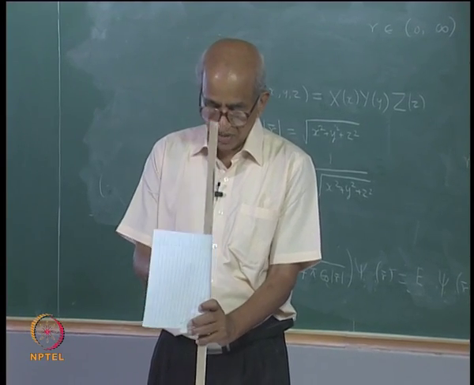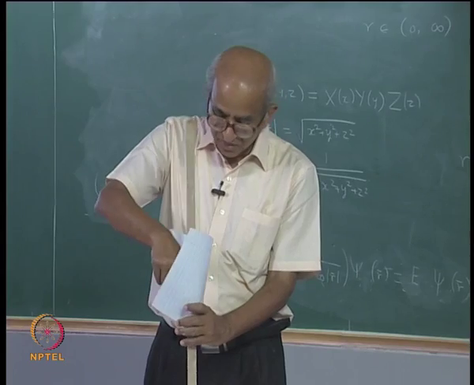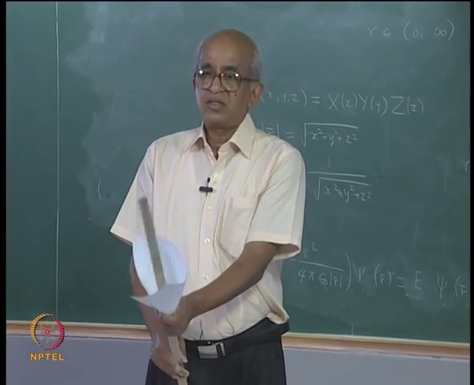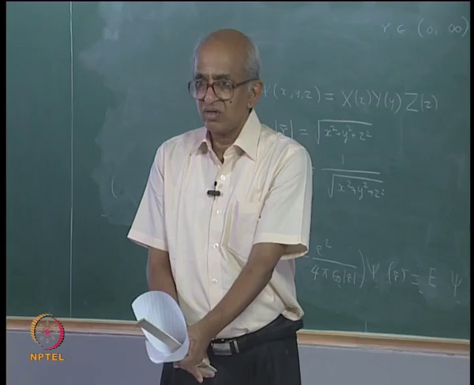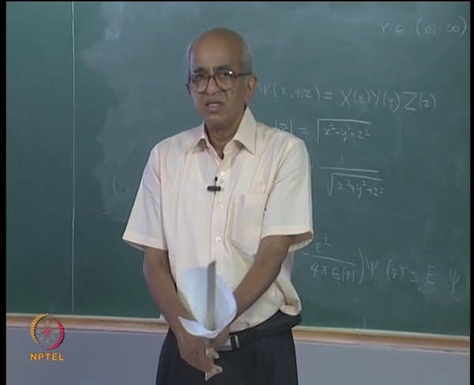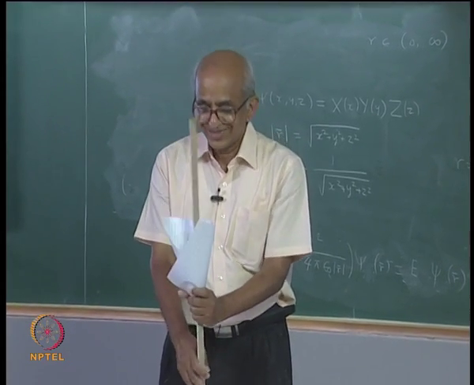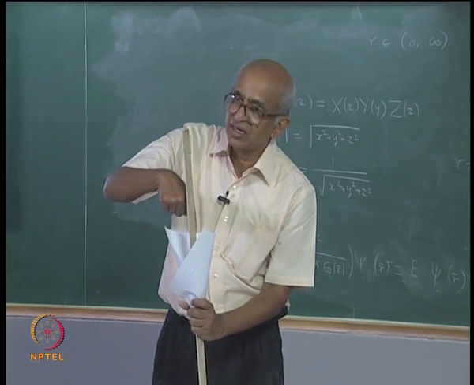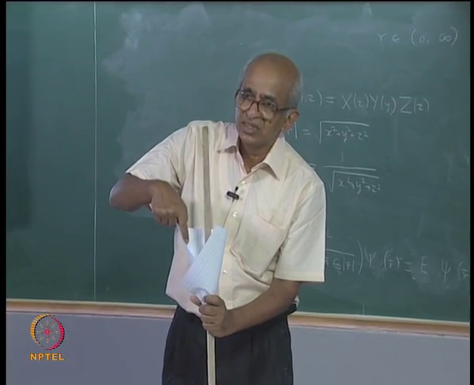Difficult to do this, right. This is the z axis, and you think of a cone having such a shape, such that the internal angle, this internal angle, is how much? 30 degrees.